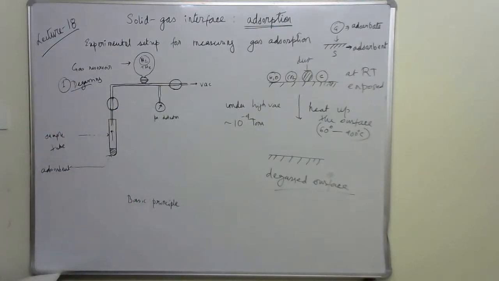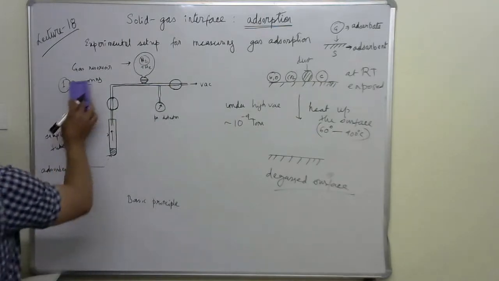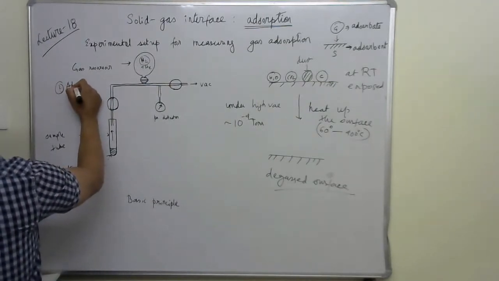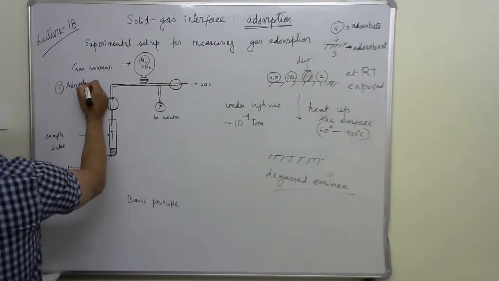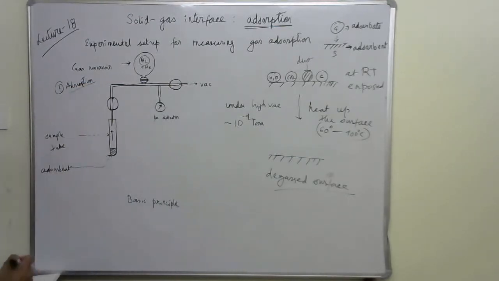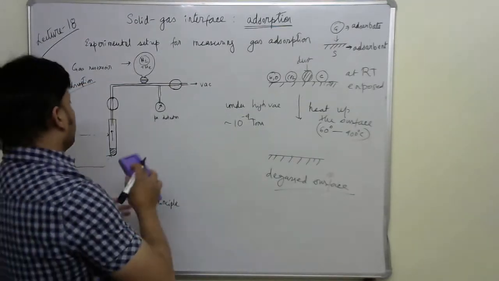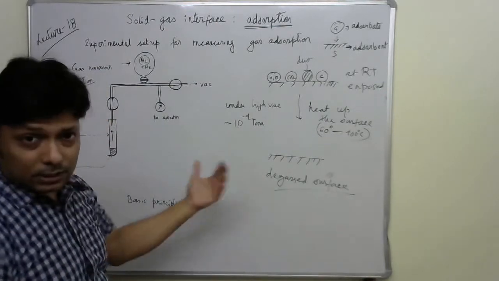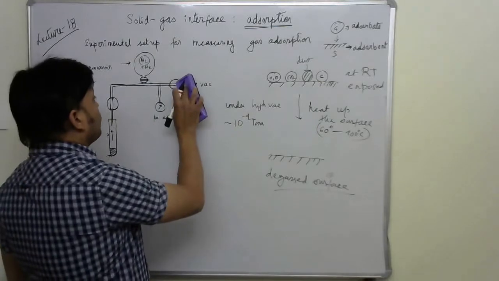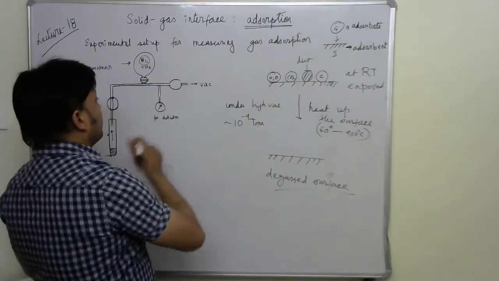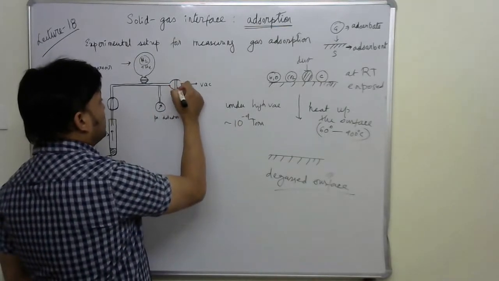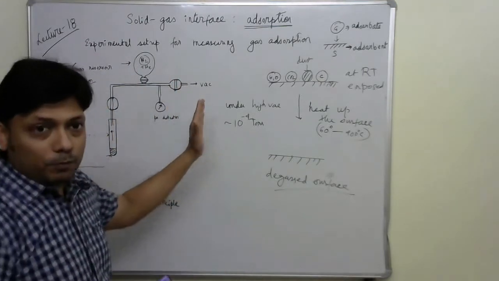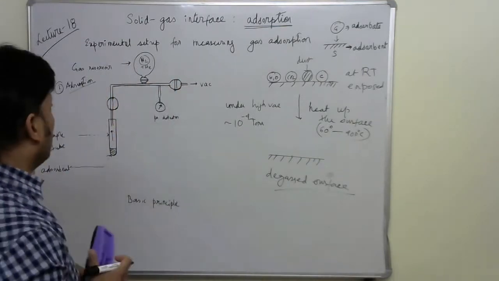Alright. So the next step, step number 2, is the adsorption process. In the adsorption process, what happens? Firstly, once we know that the degassed situation has arrived, we have to stop the vacuum. That means it was under high vacuum, and we have disconnected the vacuum for working further.